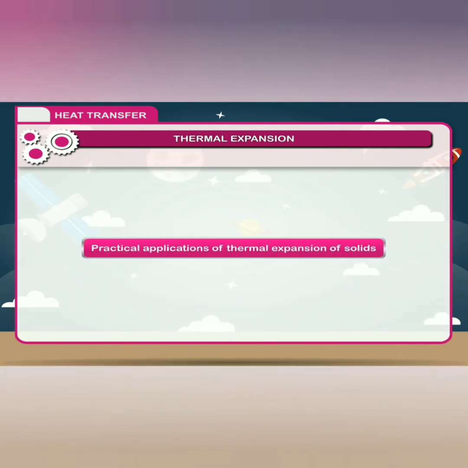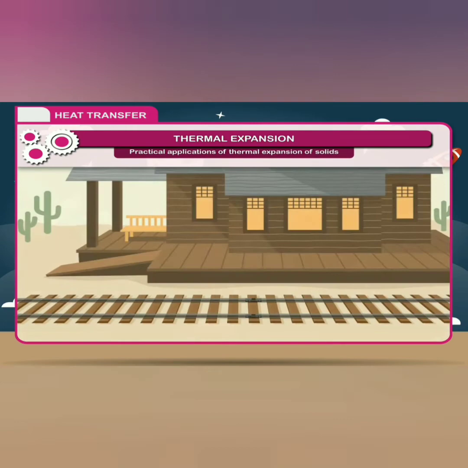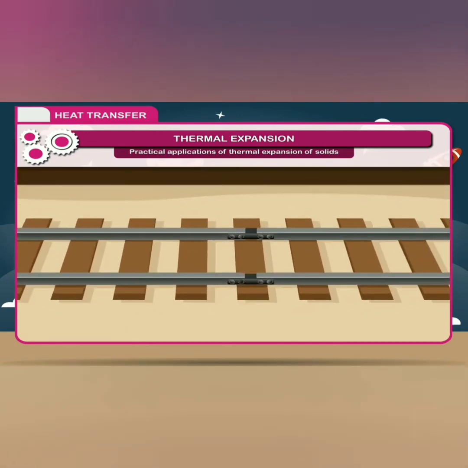Now we are going to see practical applications of thermal expansion of solids. The first example is, while laying railway tracks, some space is left between the joints of the railway lines. You might have observed this. This is done because during excess heat, the temperature rises.